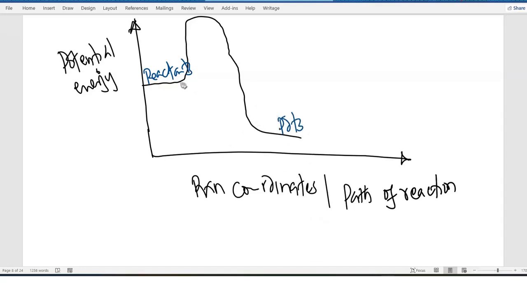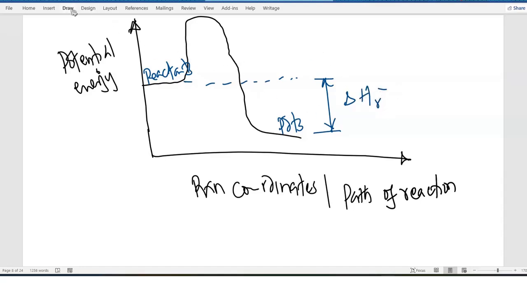Now, if I extrapolate, you'll find that products are at a lower energy potential than the reactants. So you'll have the difference in between the products and reactants being the heat of the reaction.